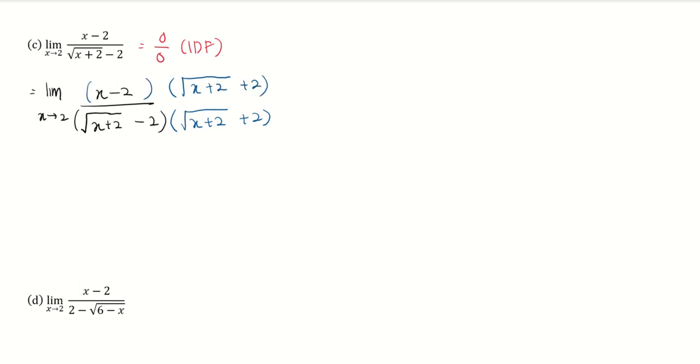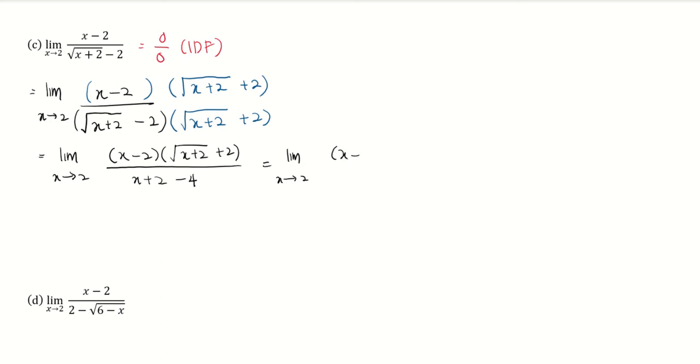We can simplify this. For the numerator, we don't expand because we're going to eliminate x minus 2 later. So the numerator is (x minus 2) times (square root of x plus 2, plus 2), and in the denominator we get x plus 2 minus 4, which is x minus 2.